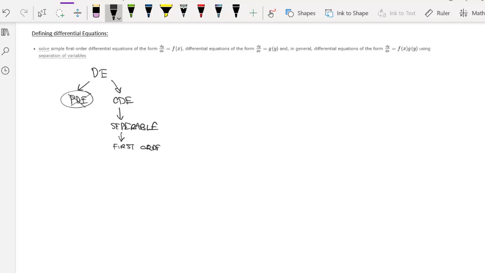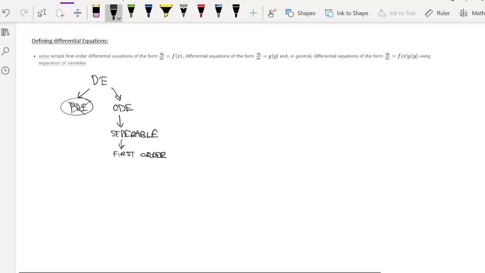There are other types of ordinary differential equations we're not going to cover, so I'm not going to talk about them today. And obviously, first order, we're just looking at that first level of differential. So we're just looking at a dy/dx, not a d squared y/dx squared or anything along those lines. Okay? And then we're looking at these three specific forms of these separable ordinary differential equations.